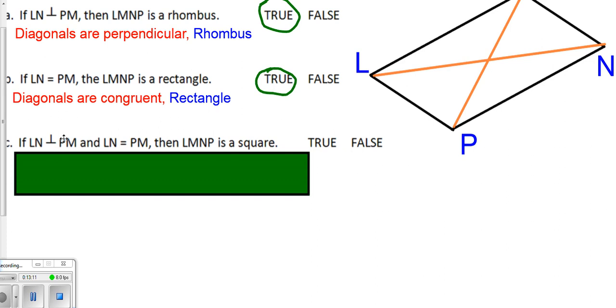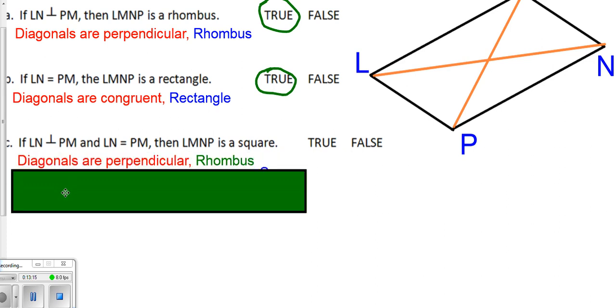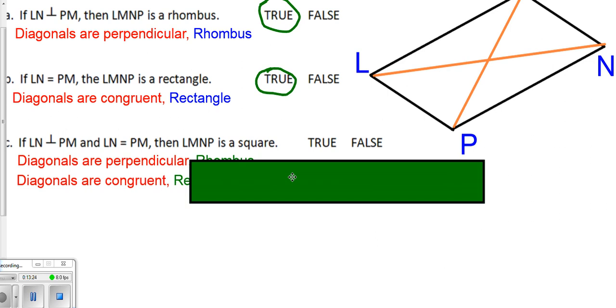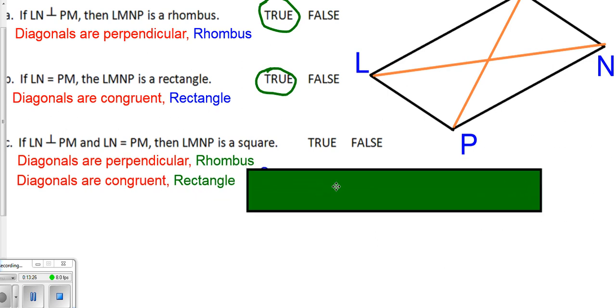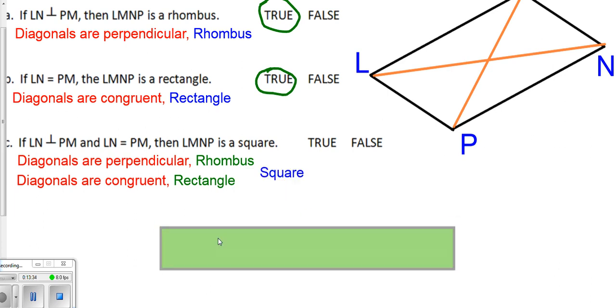If LN is perpendicular to PM, which would tell us the diagonals are perpendicular, so it's a rhombus, and LN equals PM, again, that tells us the diagonals are congruent, which means we have a rectangle. So this showed us rhombus, this showed us rectangle, which means in the end we know for sure it's a square.